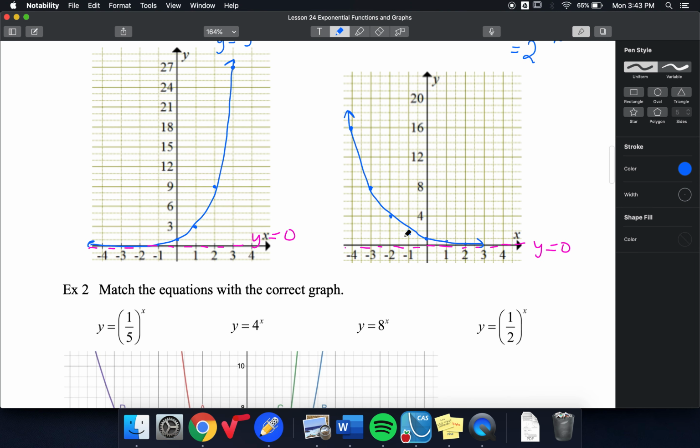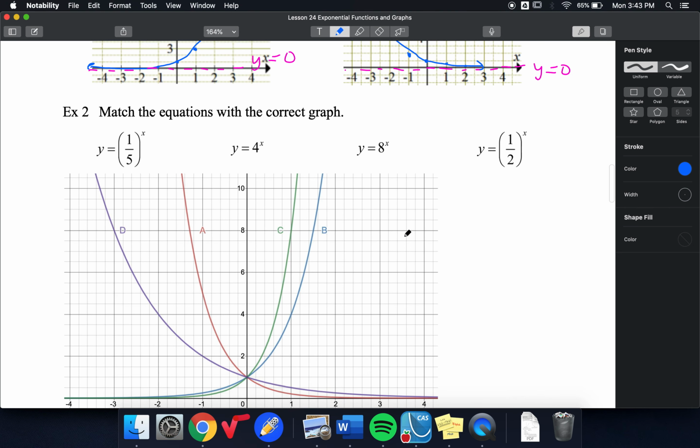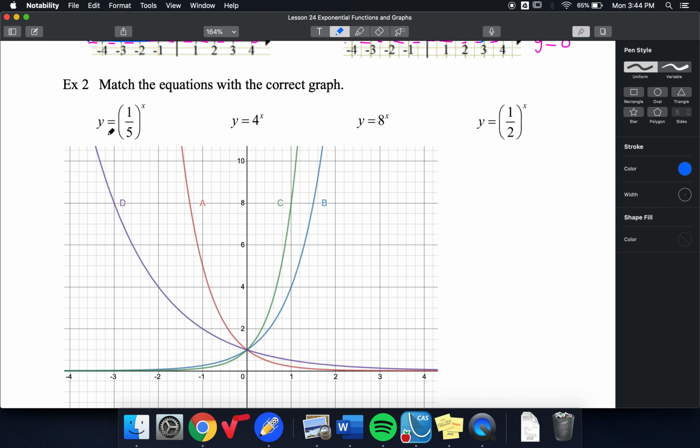So let's look at matching some equations with graphs. So (1/5) to the x and (1/2) to the x, this is decay. This one's also decay. And if I think about what's happening, this one is decaying more rapidly than this one. I know if I have negative 1 as my x value, I'm going to have 2.